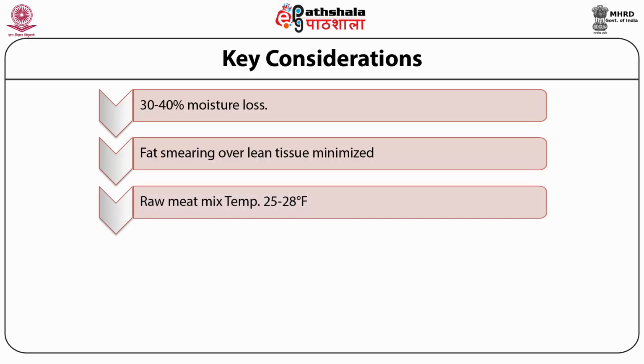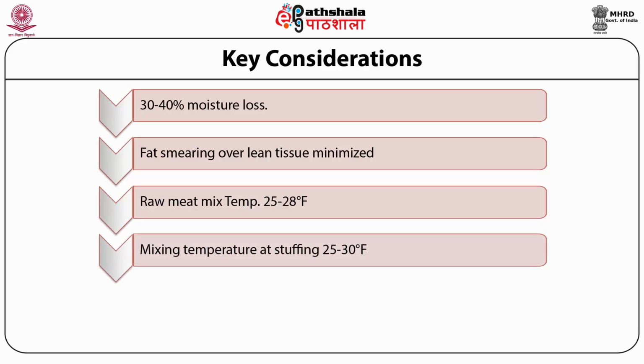Raw meat mix should be approximately 25 to 28 degrees Fahrenheit, which means -3.9 to -2.2 degrees centigrade, when combined. Meat mix temperature at stuffing should be 25 to 30 degrees Fahrenheit, which means -3.9 to 1.1 degrees centigrade.